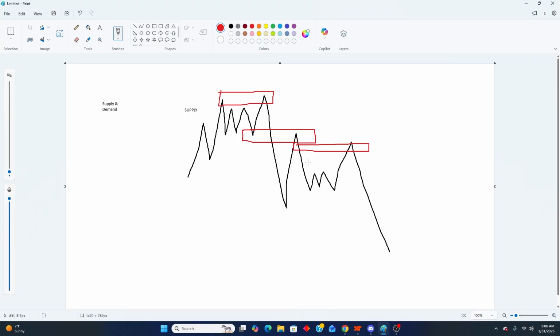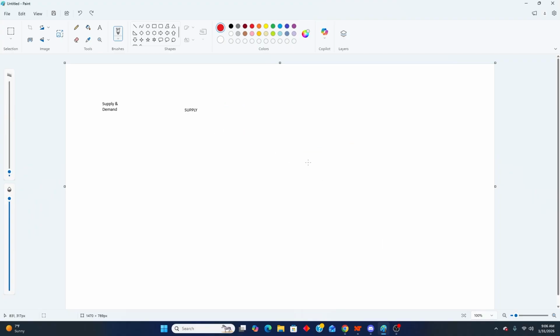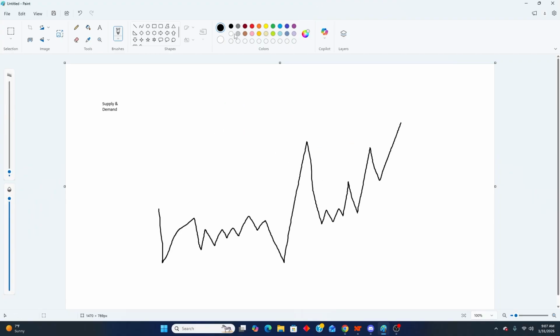But when we get to the candlestick portion of this video, you'll begin to see it a lot cleaner. But this is how your supply zones would look. It'll be areas that price would have to come back to, respect and reject out of, to give you another great drop.